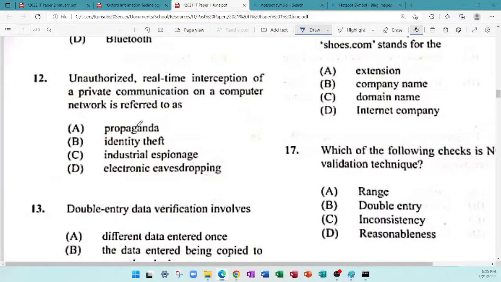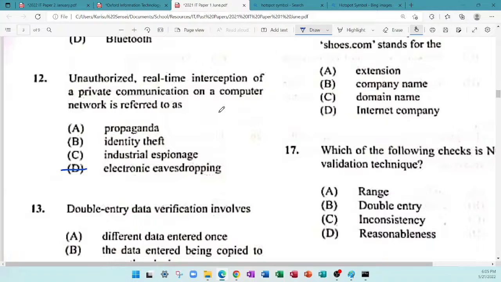Moving on. Unauthorized and real-time interception of private communication on a computer network is referred to as electronic eavesdropping. Yeah, that's the one. What's propaganda again? False, untrue rumors. Spreading false information.